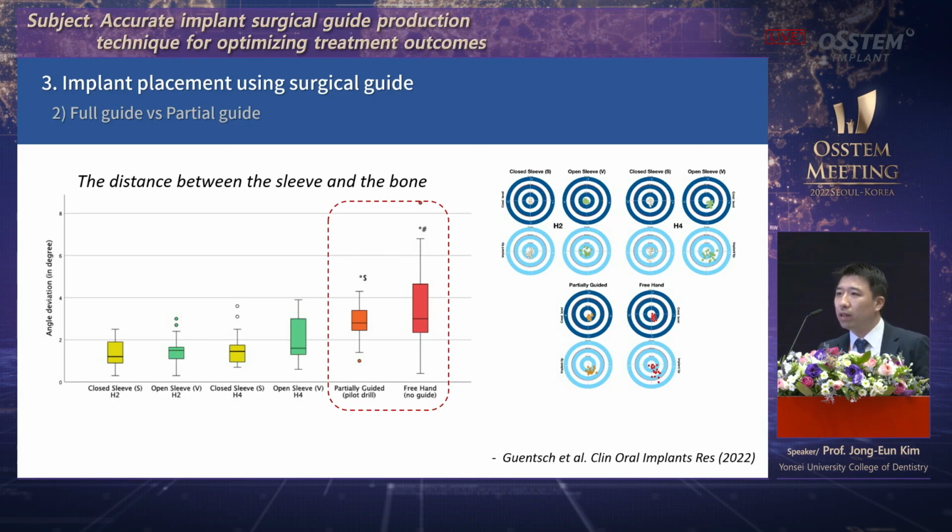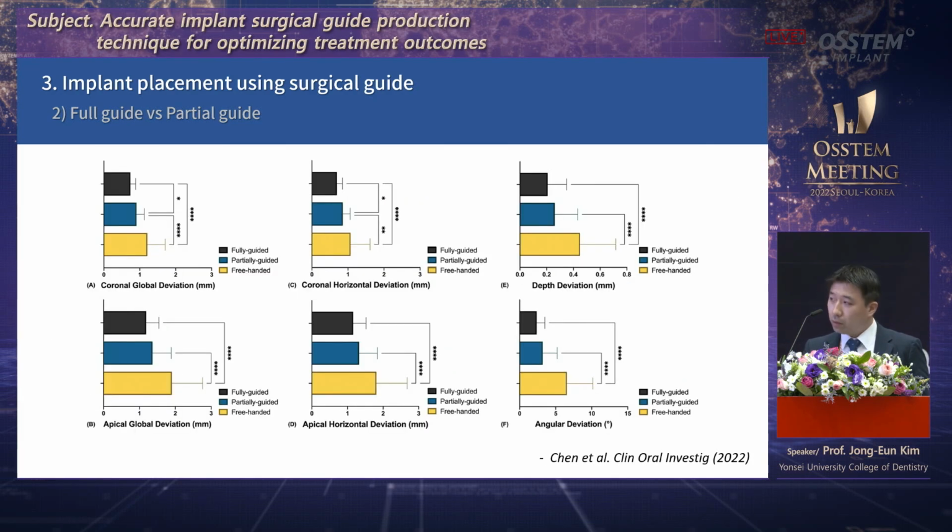The second issue is whether to use a partial guide or a full guide. As mentioned, with a partial guide the accuracy falls. It's the same in this study. Freehand has less accuracy. It's the same with another study. Up to the implant placement, you need to use the guide so that you can get the accurate result that was planned.